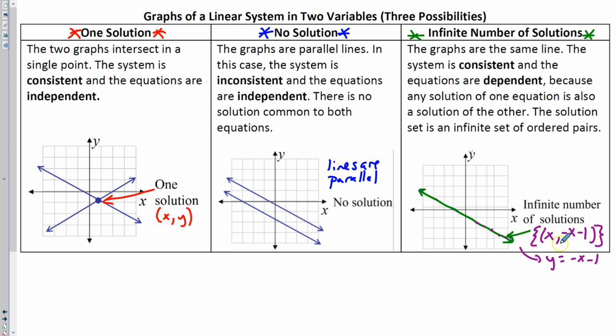We designate this point with some unknown or to-be-determined value for one of our variables. So it could be x. You may also see it with a y being the placeholder here. So I could say my value is y, and then we would designate the x value that goes with it.